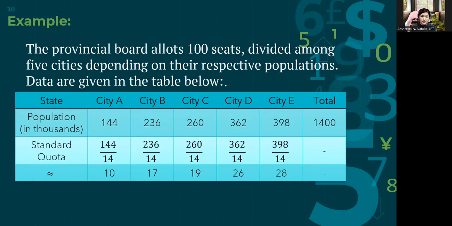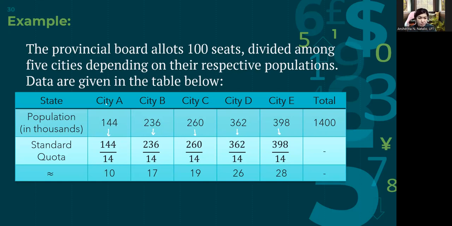Okay, ituloy natin. Ayan, nagkaroon tayo ng standard quota. So, ano sa tingin ninyo ang ginawa para makuha tong standard quota? Parang ginamit lang yung same numbers, no? And as you see, they are all divided by 14. So what do you think is the formula for standard quota?